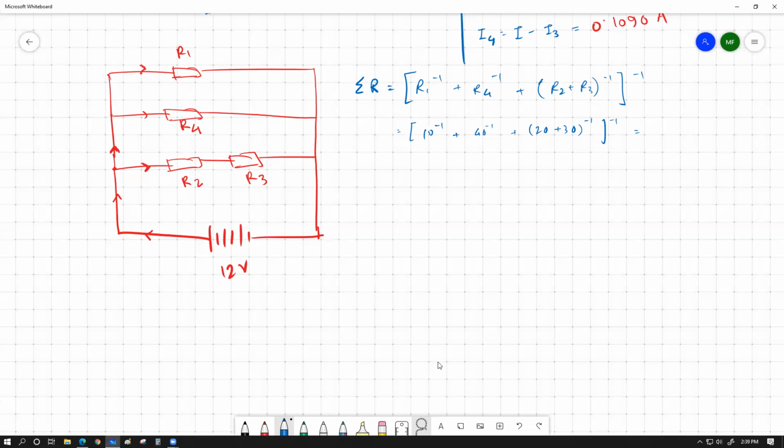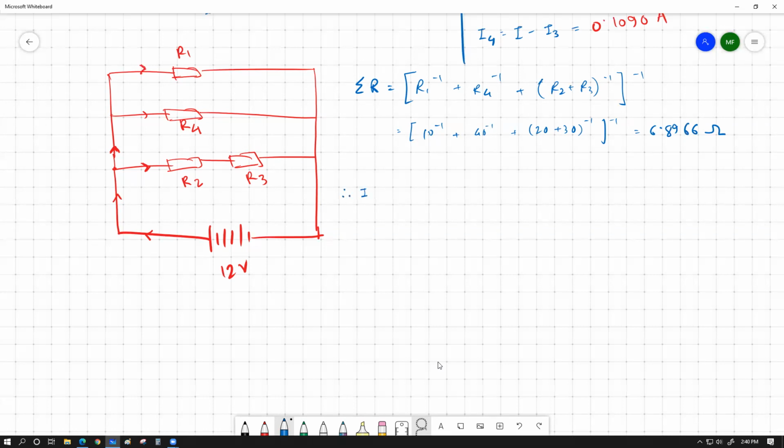So 10 inverse plus 40 inverse plus 50 inverse, bracket inverse, is 6.8966. That's the value that I'm getting. Someone please confirm. Yes, it's all right.